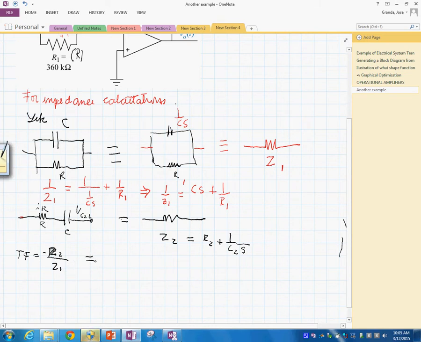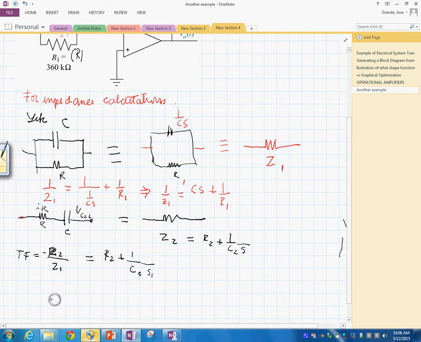And this is going to be equal to R2 plus 1 over CS. Okay, so that's what this is.